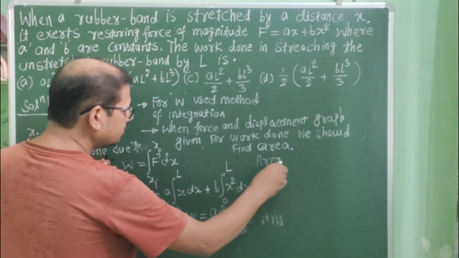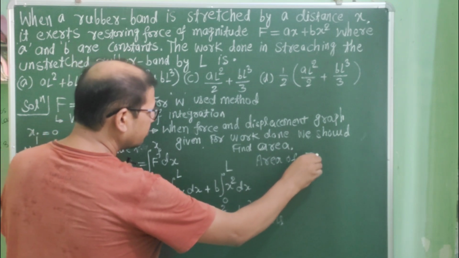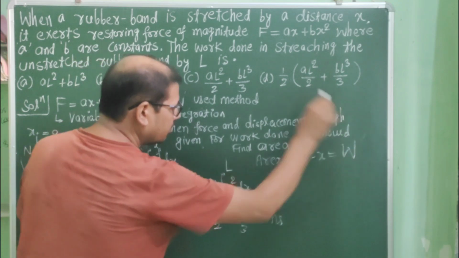Area of the force and displacement graph is equal to work done. Correct?